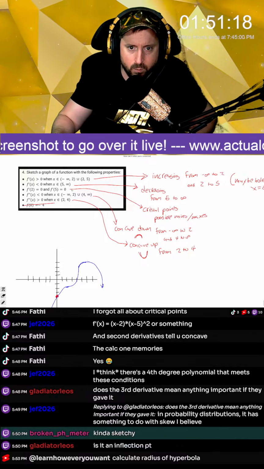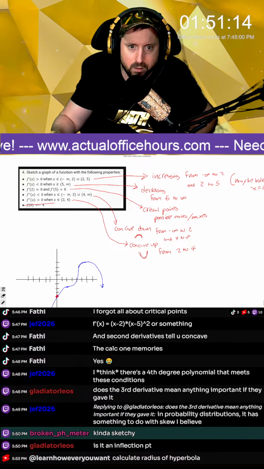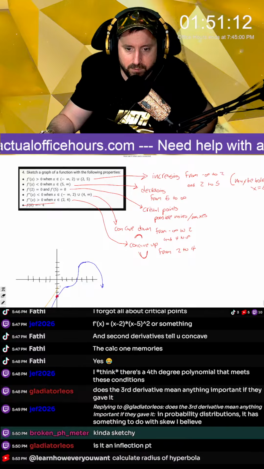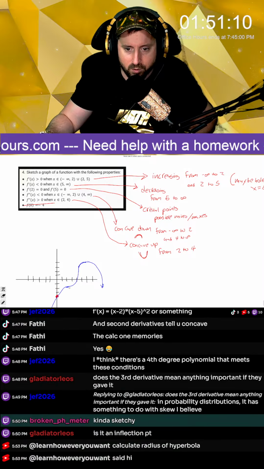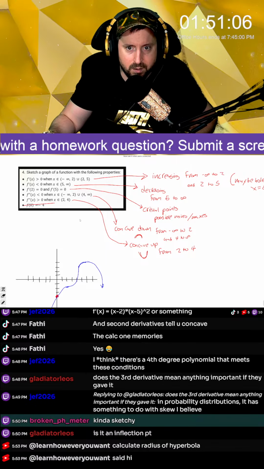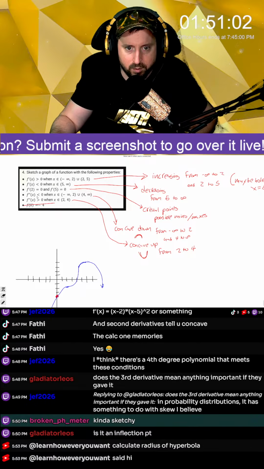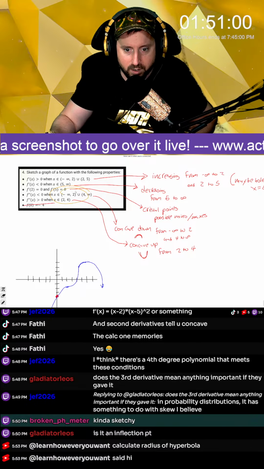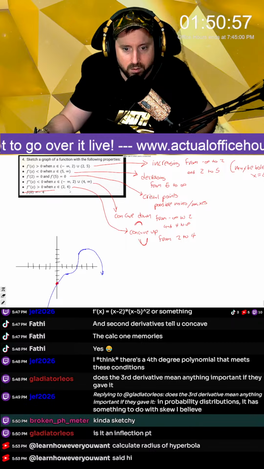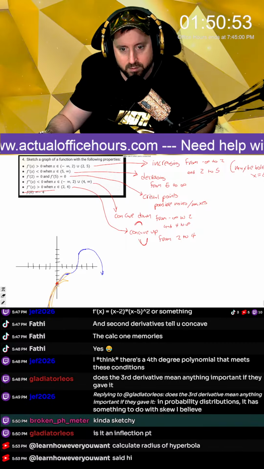Right? Yeah, look, we have our flat parts at 2 and 5. It's increasing from negative infinity to 2, and then it's also increasing from 2 to 5, and then it's decreasing from 5 to infinity. And then looking at the concavity, it's only concave down from negative infinity to 2, so that's why this is sad.